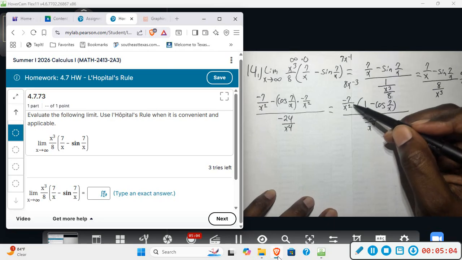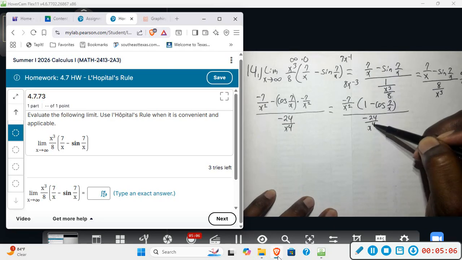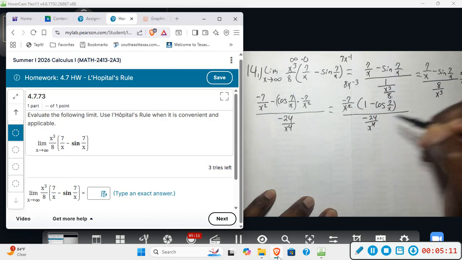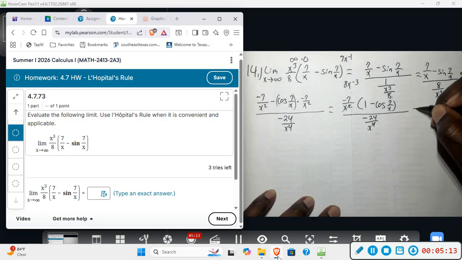Now we can get rid of 2 of these x's. We have 2 here and 2 here, so we can divide 2 of those out, and negative over negative is a positive, so we can say positive 7 times 1 minus cosine 7 over x, all divided by 24 over x squared. Sorry, positive 24 over x squared would be positive.